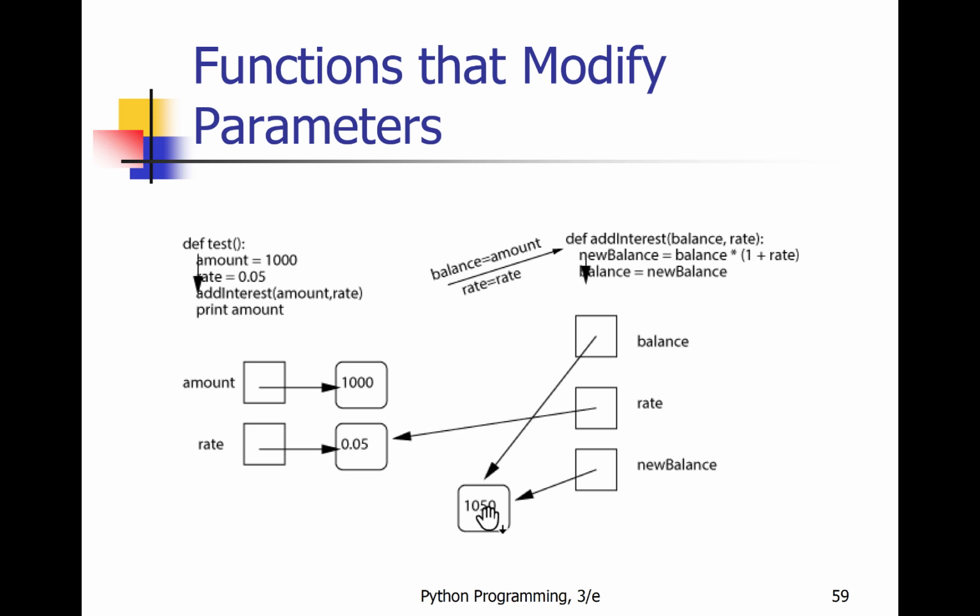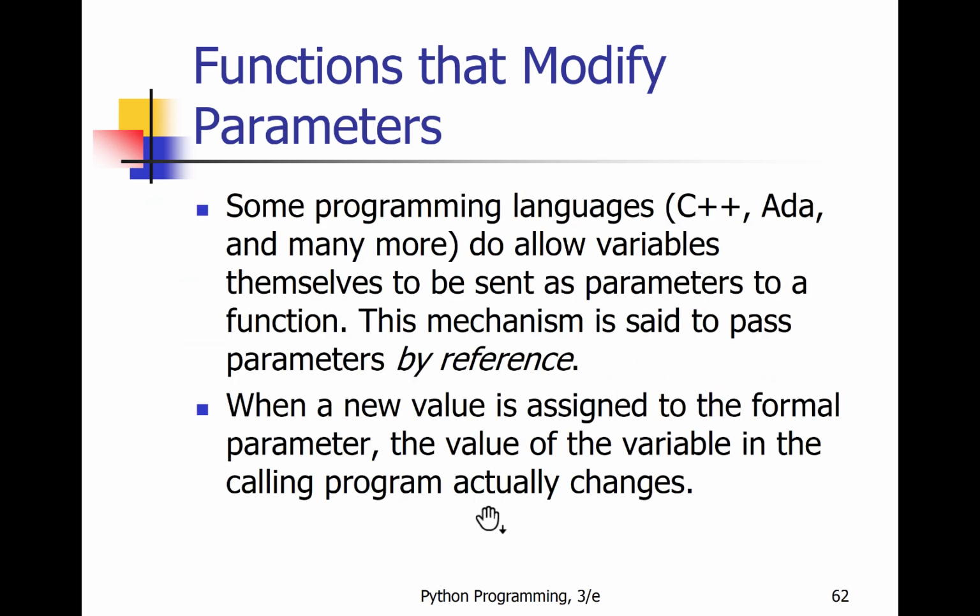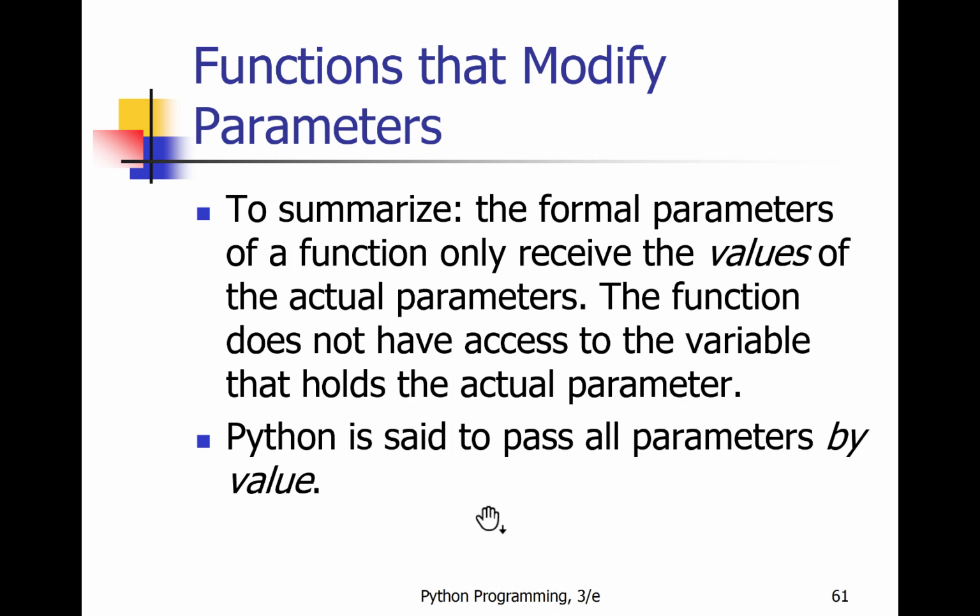We've already talked about that in a previous chapter, but now we're seeing that it has a real impact. Now, you might say, well, what about mutable objects? Don't we have mutable objects? And would that work? And the answer is yes. That will actually give you the opportunity to affect the value that the calling code has access to. And we're going to go into that in just a minute. So Python is said to pass all parameters by value.